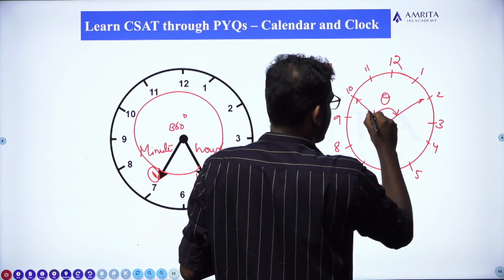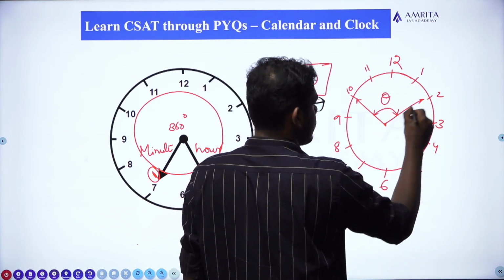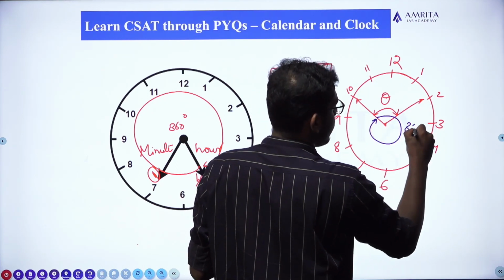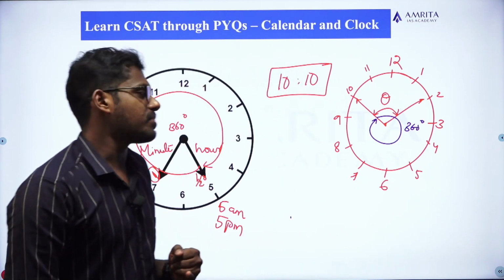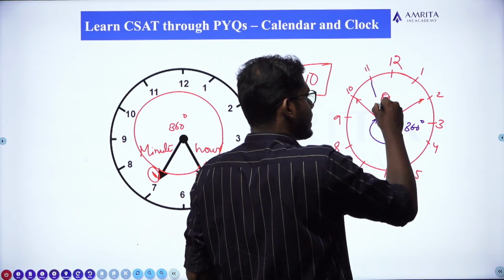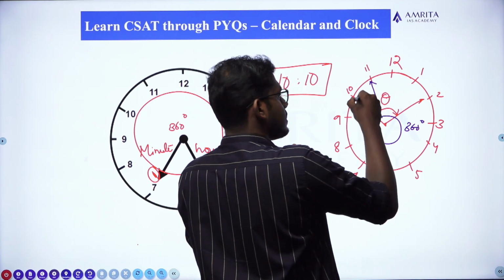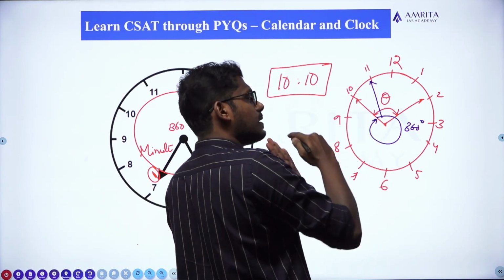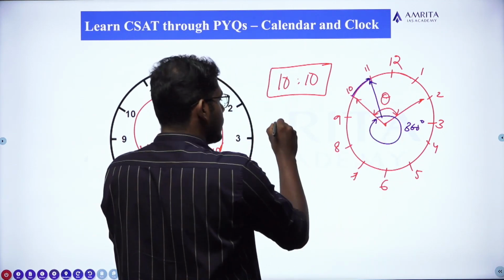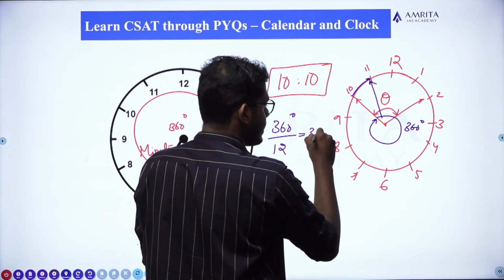we know that the minute hand takes 360 degree to make one complete revolution, right? Okay, 360 degree to make one revolution. The angle taken by the minute hand to complete 5 minutes, which means the angle covered by the minute hand while it moves from 10 to 11, will be 360 degree divided by 12, that is 30 degree.